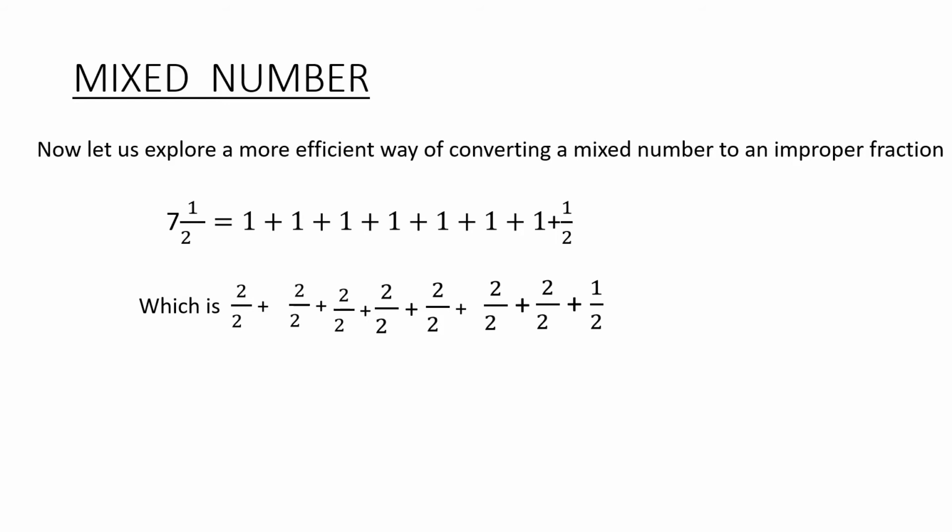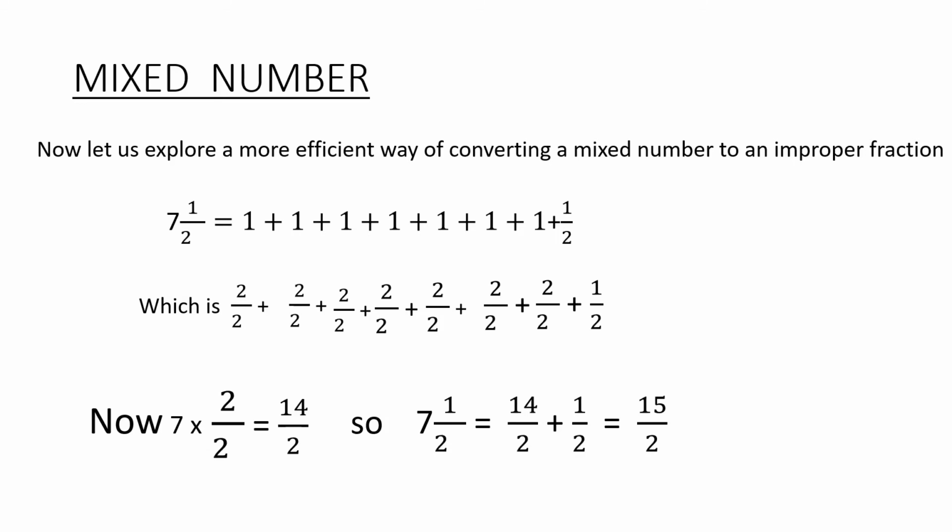Now we know that repeated addition is the same as multiplication. And we have 7 2 over 2s. So when we multiply 7 by 2 over 2, we get 14 over 2. So now 7 and a half becomes 14 over 2 plus 1 over 2, which gives us 15 over 2.